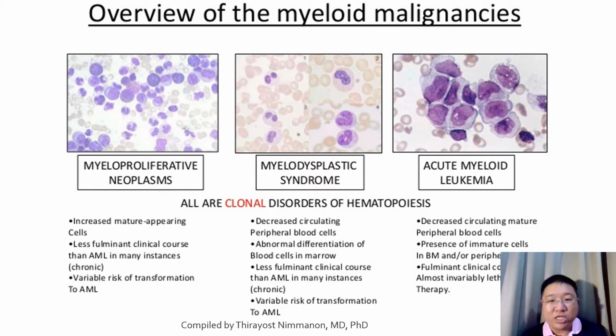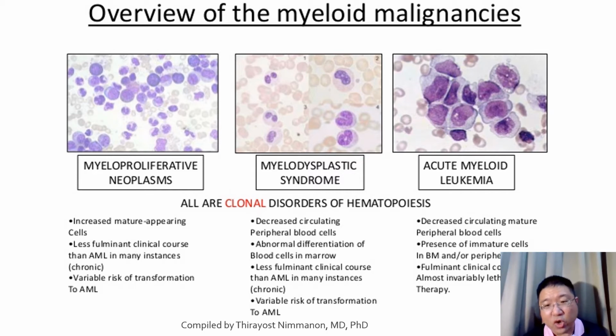For acute myeloid leukemia, there are decreased circulating mature peripheral blood cells, but there is presence of immature cells in the marrow and/or peripheral blood. So the white count may be high because of the presence of abnormal cells, blast cells, within the peripheral blood.